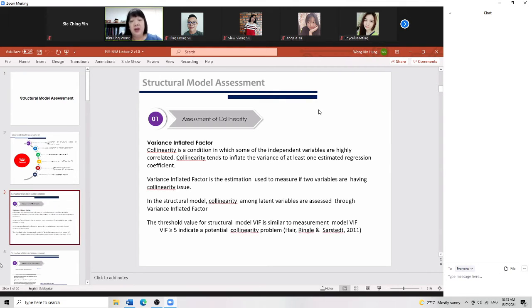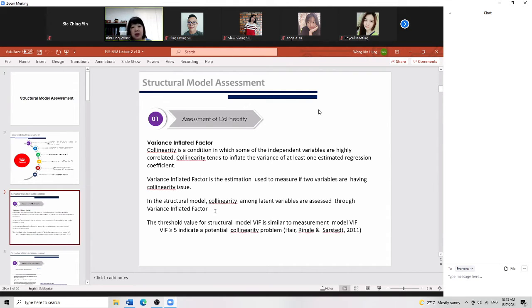So collinearity tends to inflate the variance of at least one estimated regression coefficient. Okay, so whether the independent variables are highly correlated, meaning highly related. Variance inflation factor is the estimation. This variance inflation factor, VIF, is used to measure if two variables are having a collinearity issue.